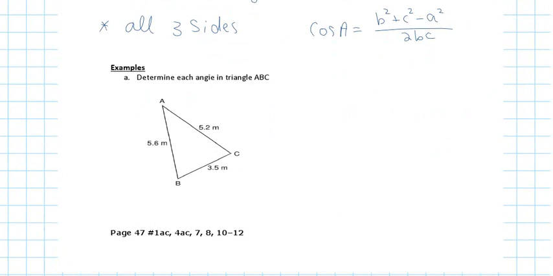So let's name the sides: side a, side b, side c. If I'm looking for angle A, that's going to be cosine A equals b squared plus c squared minus a squared over 2bc.